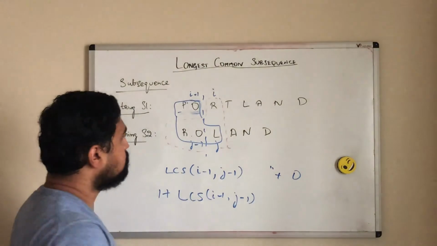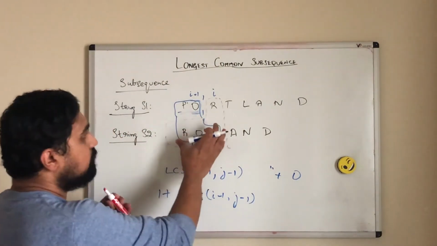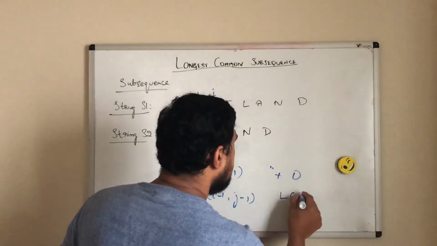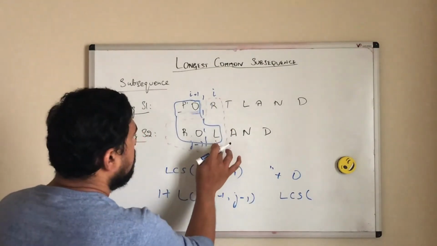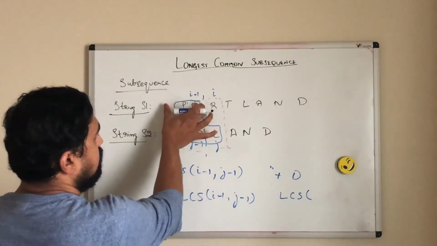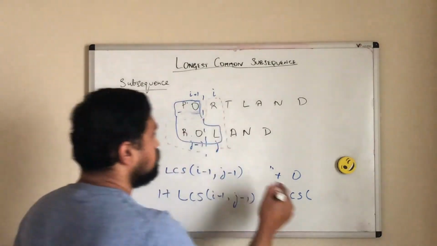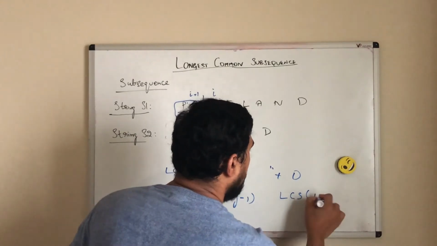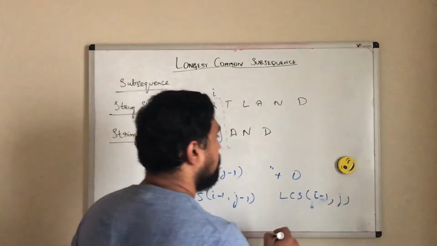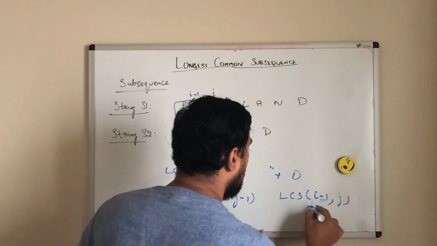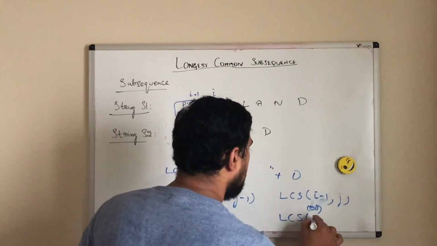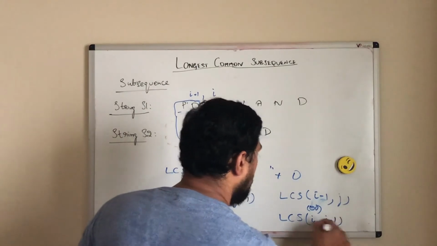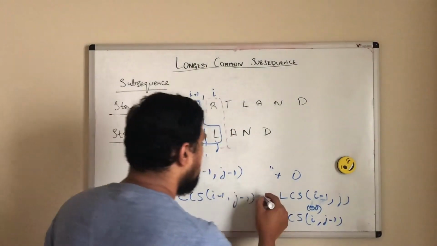That is, the longest common subsequence till this point would be LCS of I minus 1, comma J, or the longest common subsequence between I and J minus 1 till this point. So it's the maximum of these two.